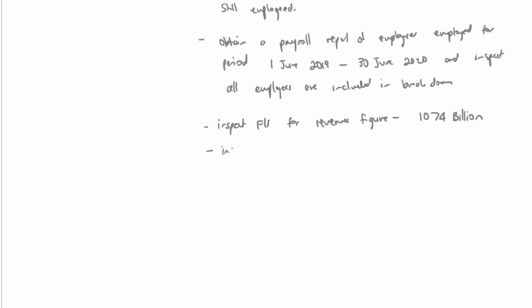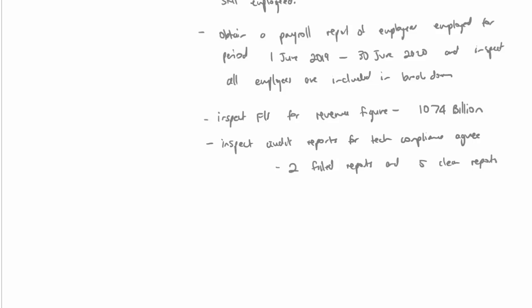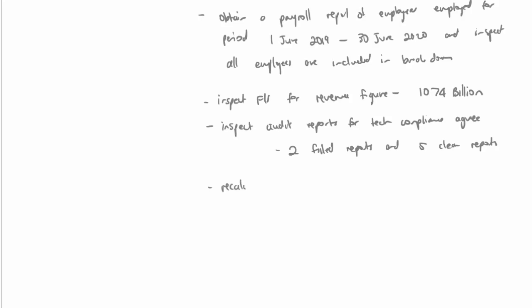So I'm going to inspect the audit reports for tech compliance and agree that there were 2 failed reports and 5 clean reports. Then I'm going to recalculate the bonus pool, which should be the 74 million times 10% times 2/7. Now I've got the bonus pool.